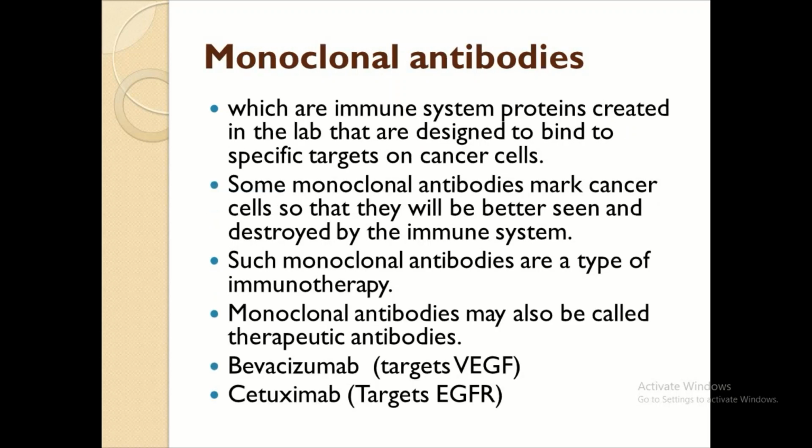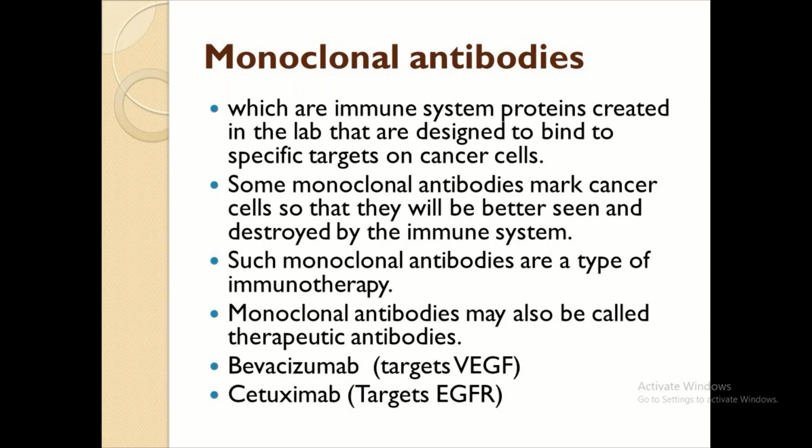The next important part is monoclonal antibodies. These are immune system proteins created in the lab from a single clone of cells, designed to bind to specific targets of cancer cells. Some monoclonal antibodies mark cancer cells so that they'll be better seen and destroyed by the immune system. So simply, these antibodies mark the cell, which will be recognized by the immune system and destroyed.